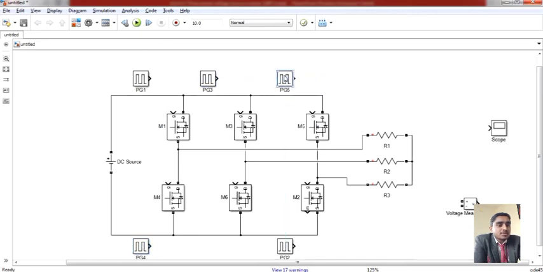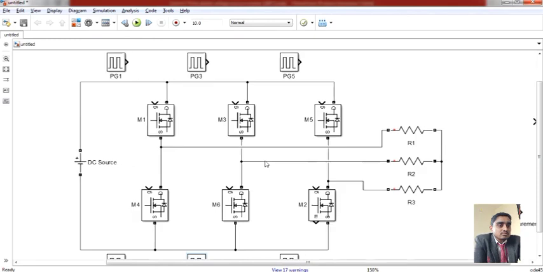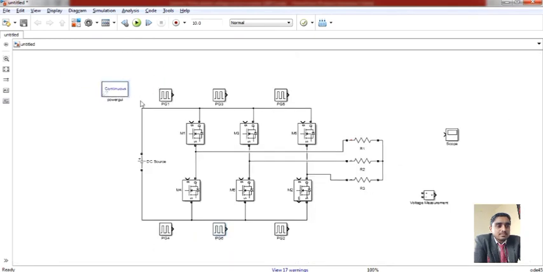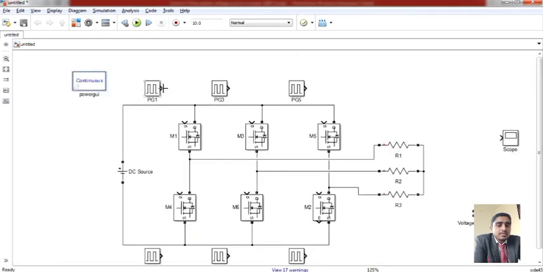So I will copy and paste it and change its name. So I will arrange it as required. And then I will connect the voltage measurement accordingly to R1.